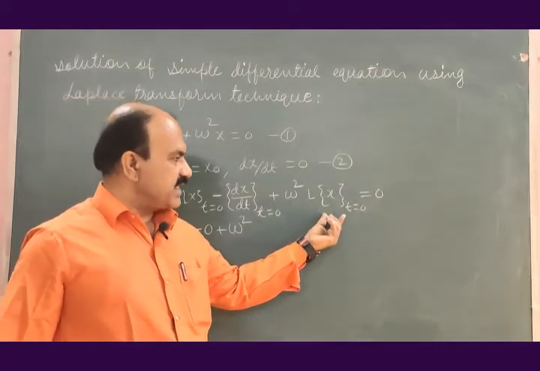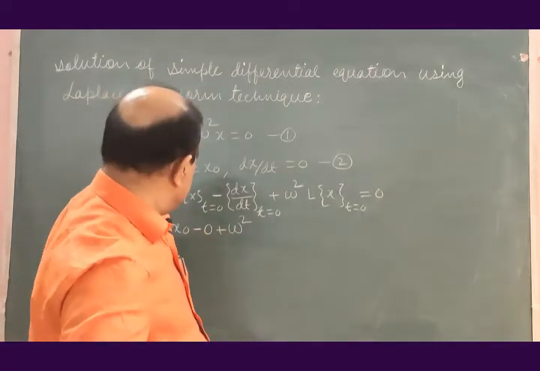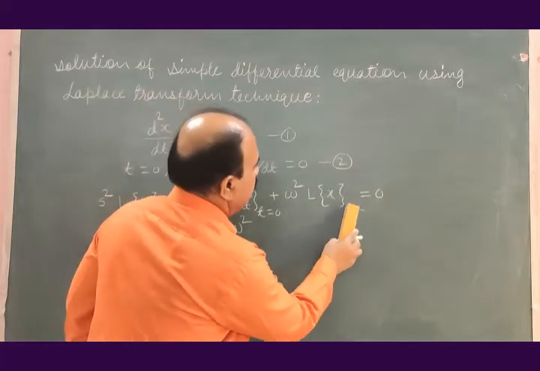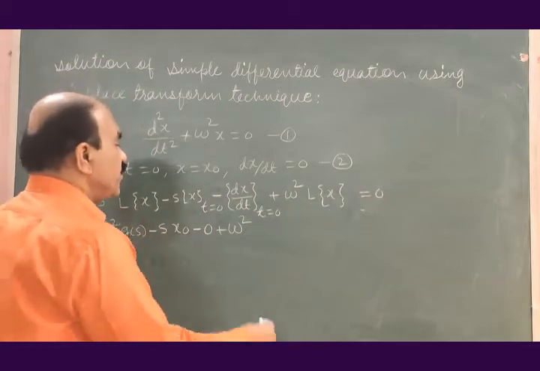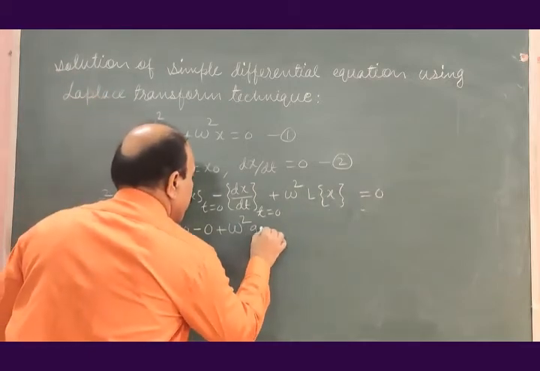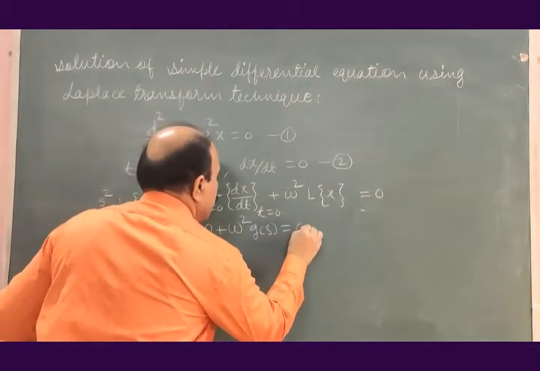What is Laplace transform of x? There is no need to write here at t is equal to 0. That will be g of s, is equal to 0.